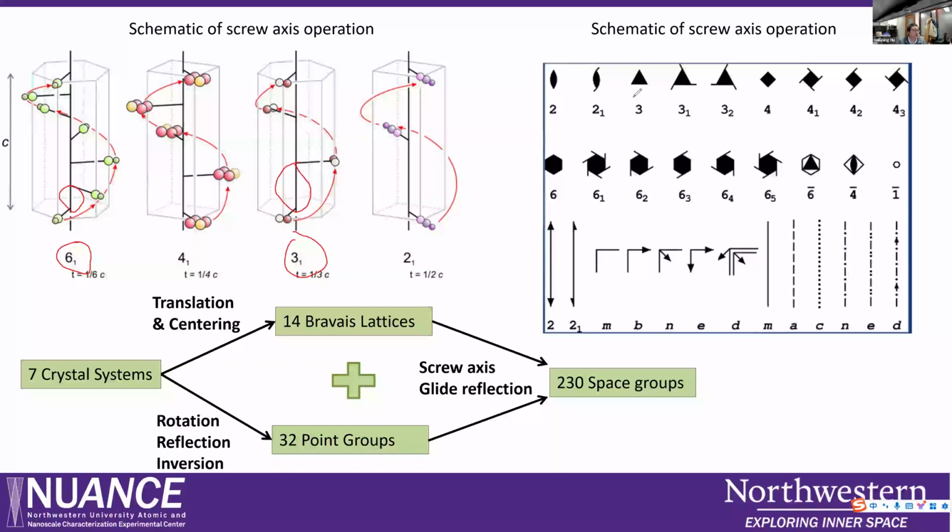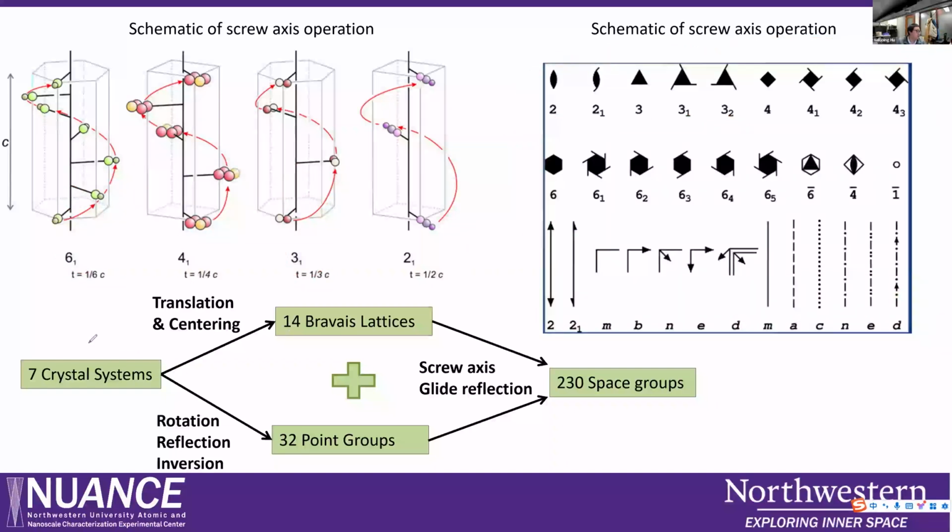This table shows you the labels for the screw axes, 2-1, 3-1, 3-2. All of them are standard symbols in the international labeling. That's why, when you read the international space group tables, you should understand the meaning of these basic operations.